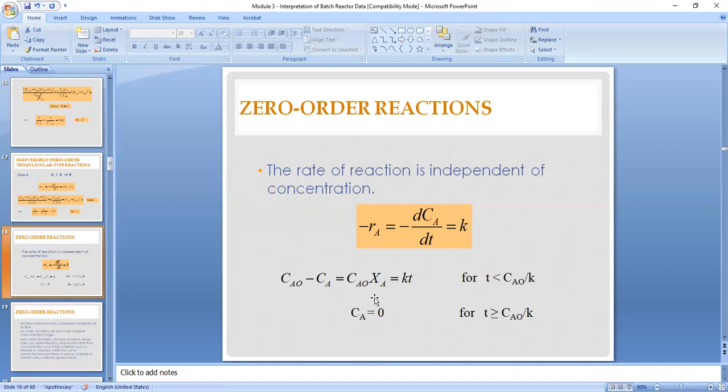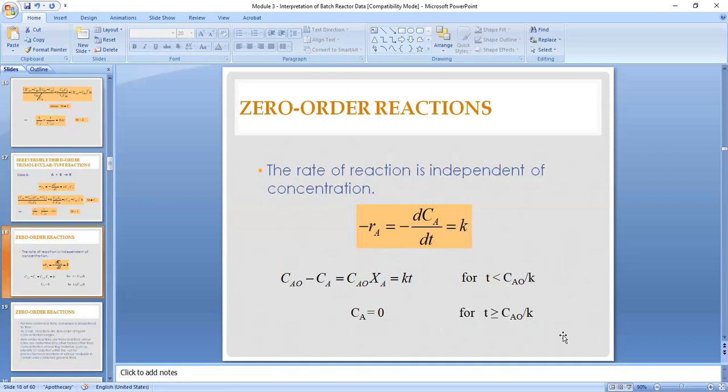Why? Because if you still use this particular formula, your answer will be negative. So you use a different formula for these two scenarios for zero order reactions. If your concentration as computed is negative, it means, class, that there's none left already.